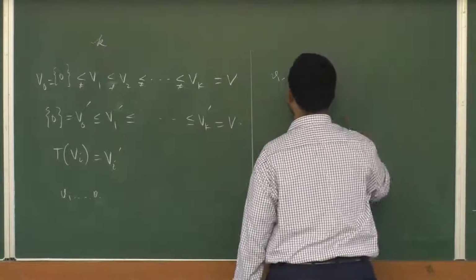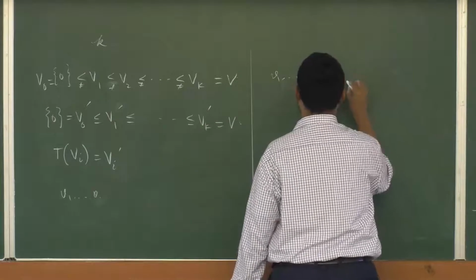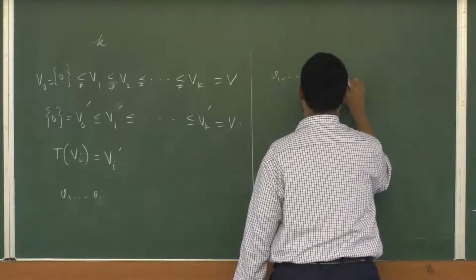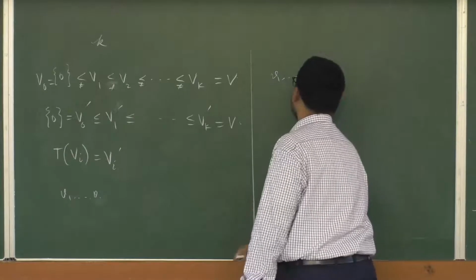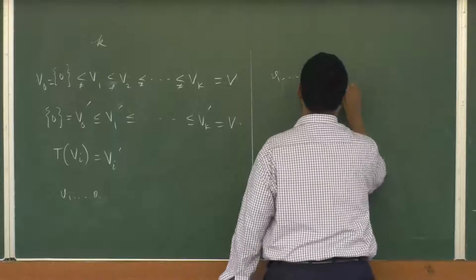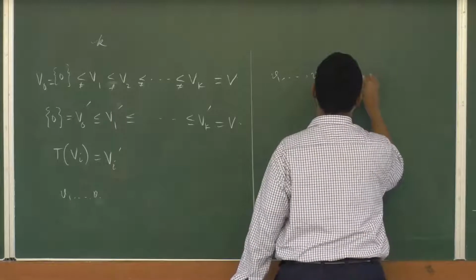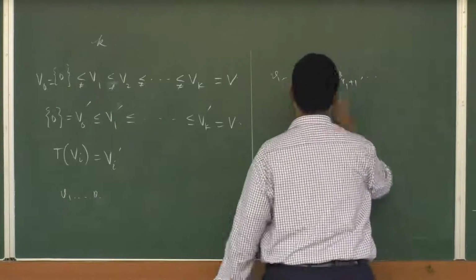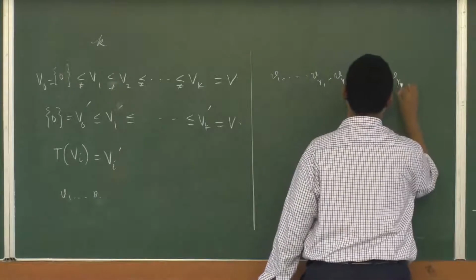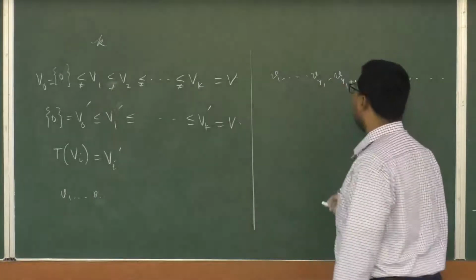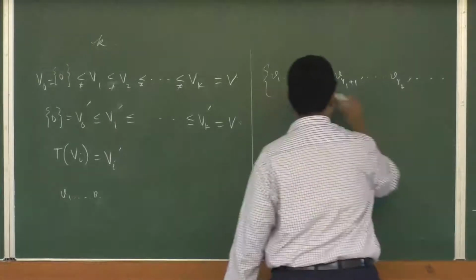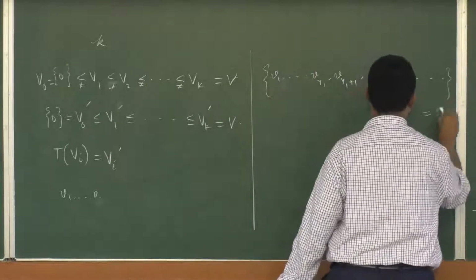Then we extend it: VR1 plus 1, we extend that to a basis of V2, up to VR2, and if we go on like this, we get an ordered basis for V.